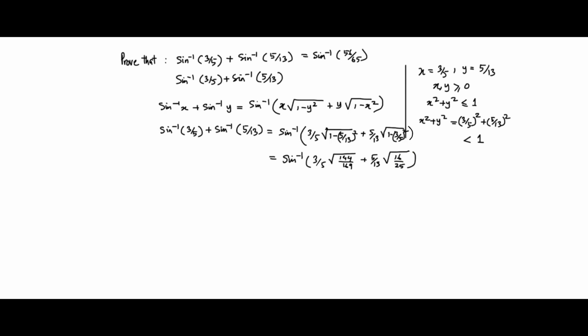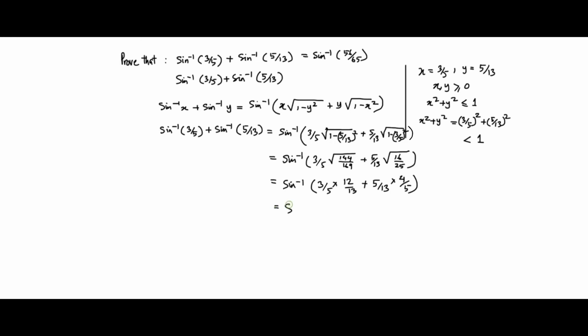On simplifying, we get sine inverse of 3 over 5 times the square root of 144, which is 12, divided by the square root of 169, which is 13, plus 5 over 13 times the square root of 16, which is 4, divided by the square root of 25, which is 5.